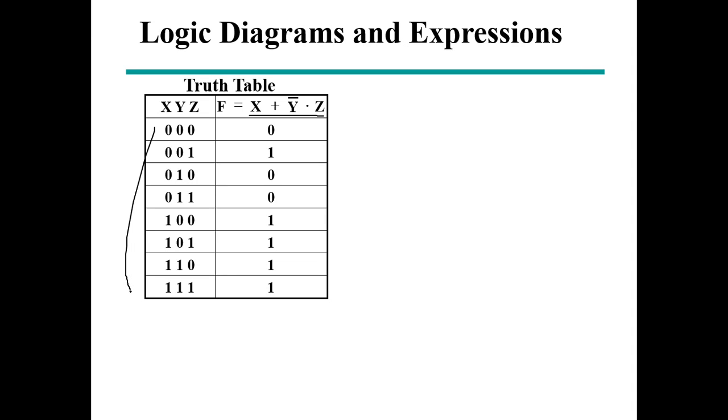They are listed here. So 000, 001, 010, 011, 100, 101, 110, and 111. So these are all possible combinations of these three variables.